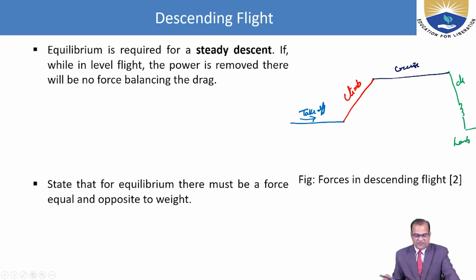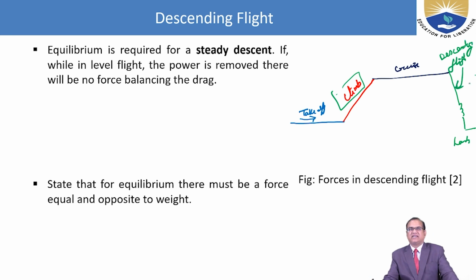Okay, so these are the phases of the flight. So we are now here. We have discussed about the climb. Now we will be discussing about descent flight. This zone is the descending flight.